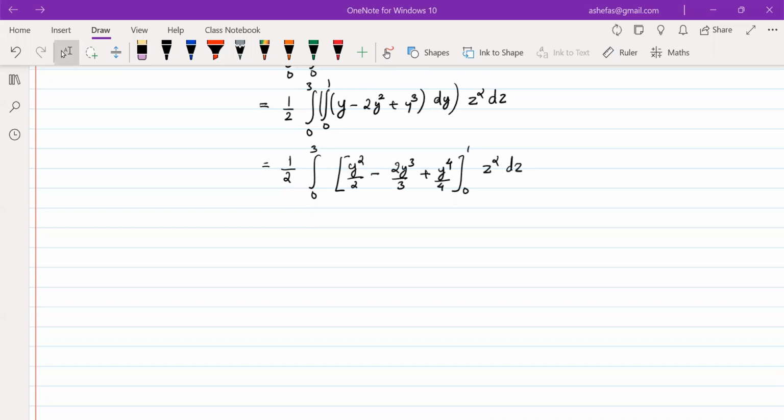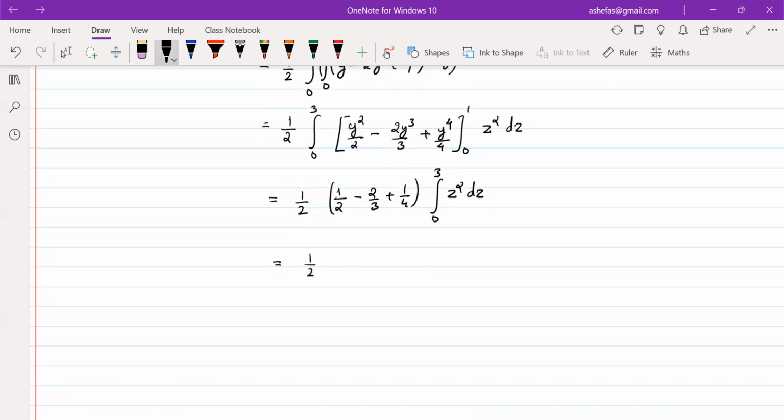And next we can just put the limit: 1 by 2 into y square by 2 is 1 by 2 minus 2 by 3 plus 1 by 4, and we have integration 0 to 3 z square dz.